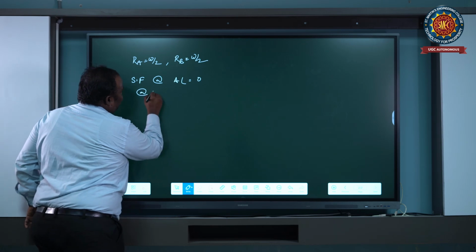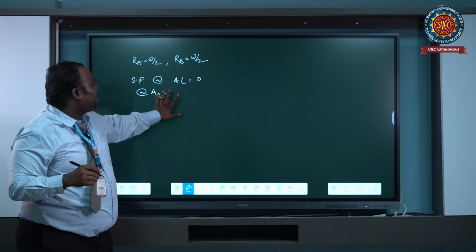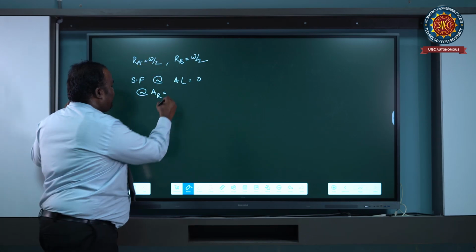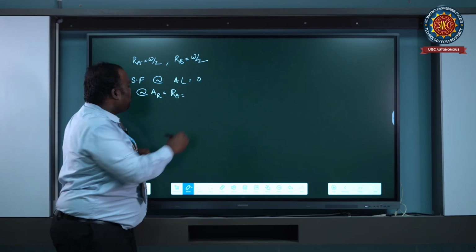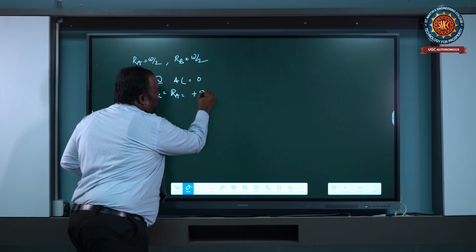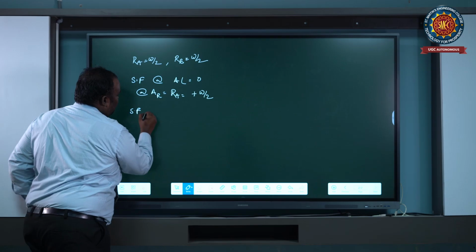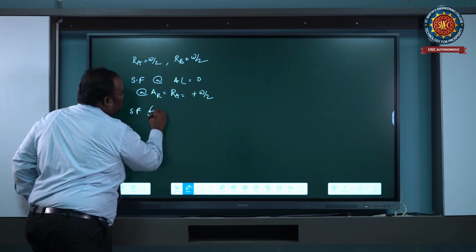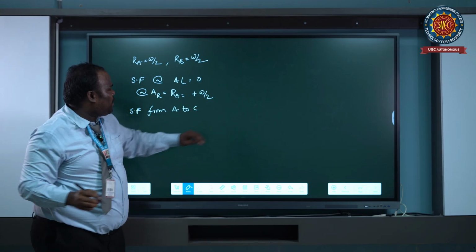Shear force at A from right side, we are acting the reaction force at point A, then it is RA. The reaction is upward from the left portion, so it is plus W by 2. Next one, shear force from A to C, the loading point.